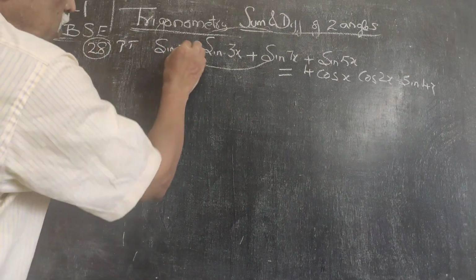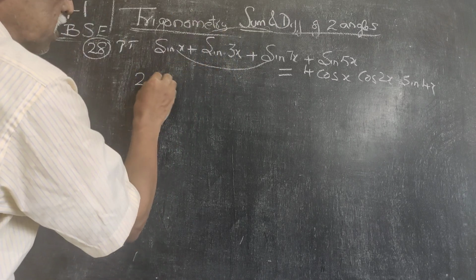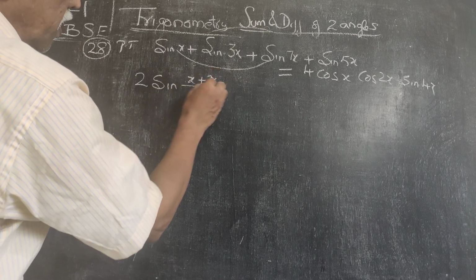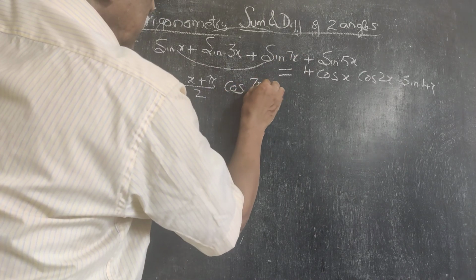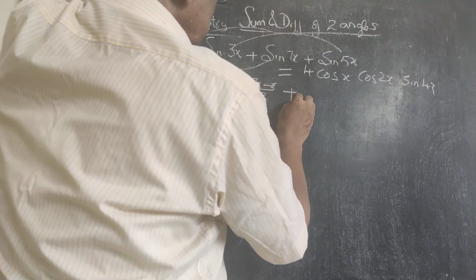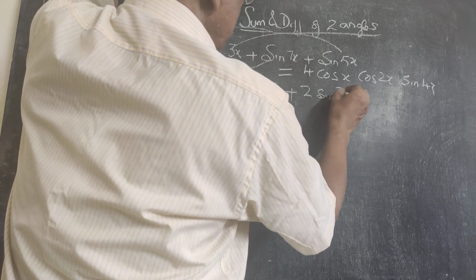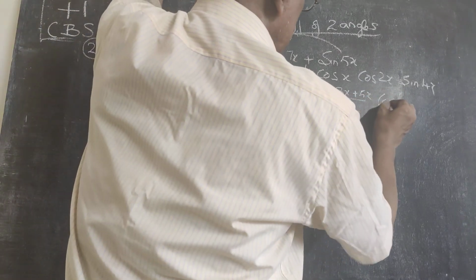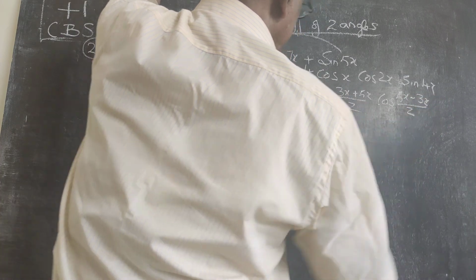Now, for this part, sin c plus sin d equals 2 sin ((c plus d) by 2) cos ((c minus d) by 2). So 2 sin ((x plus 7x) by 2) cos, the bigger one I am taking minus the smaller, (7x minus x) by 2, clubbing these two, plus again sin only. So 2 sin ((3x plus 5x) by 2) and cos ((5x minus 3x) by 2).